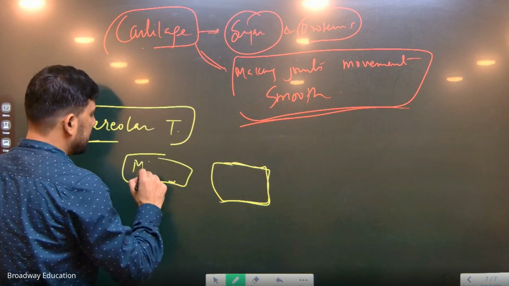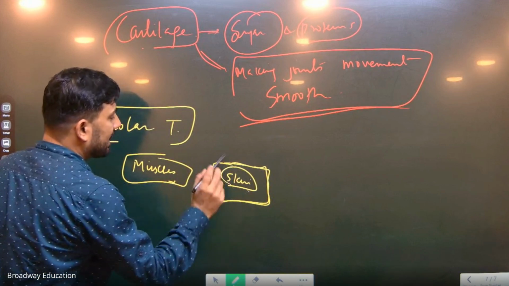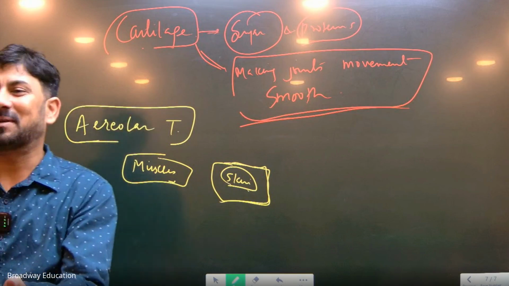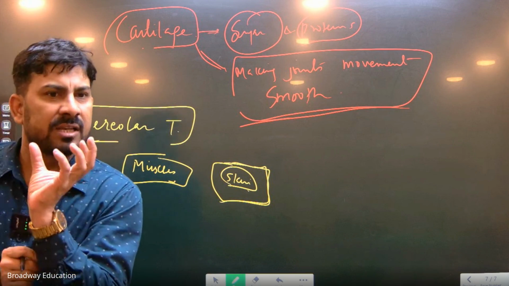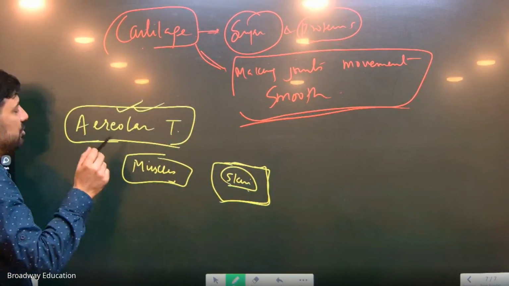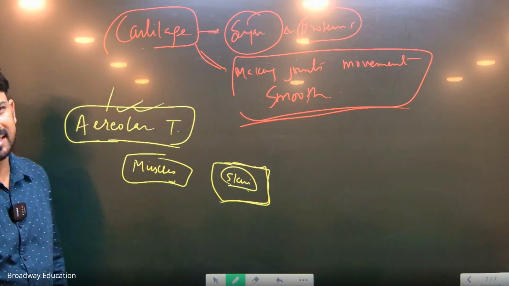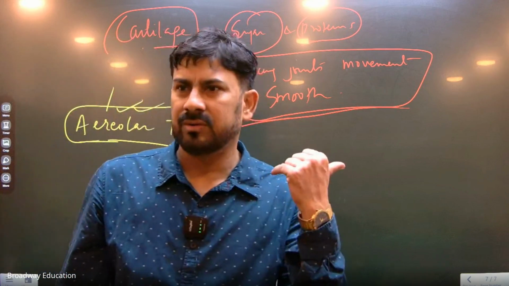The gaps between the skin and the muscles are filled up with certain tissues. So these tissues are called areolar tissues. And I also compared that with parenchyma. Yes or no?